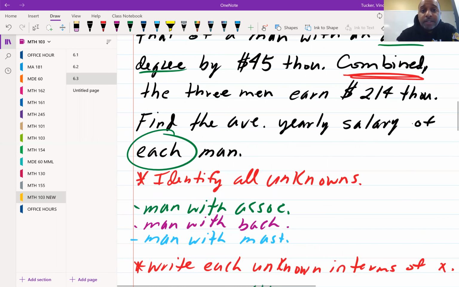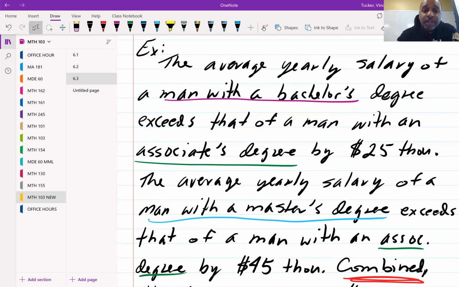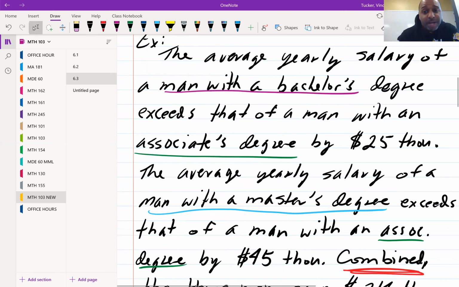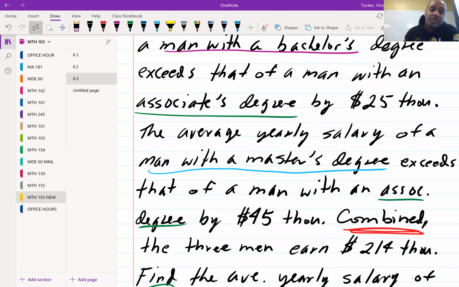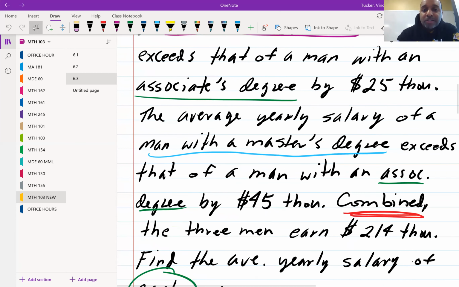In this first sentence, it says the man with the bachelor's exceeds that of a man with an associate's by 25. So it's speaking of the bachelor's in terms of the associate's. Same thing occurs with the master's. The master's exceeds that of a man with an associate's by 45. Once again, talking about the master's in terms of the associate's.